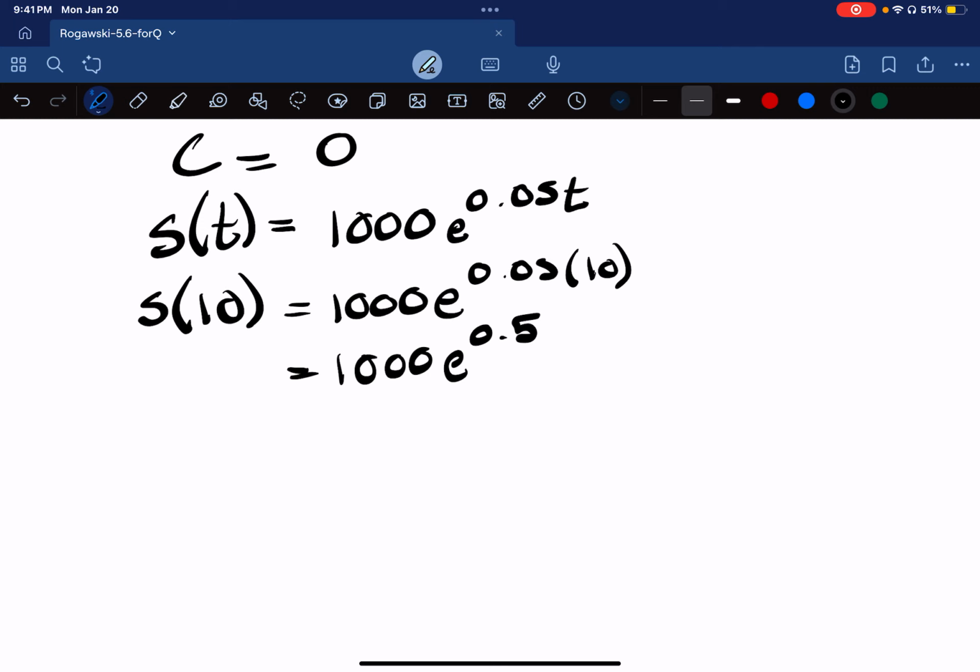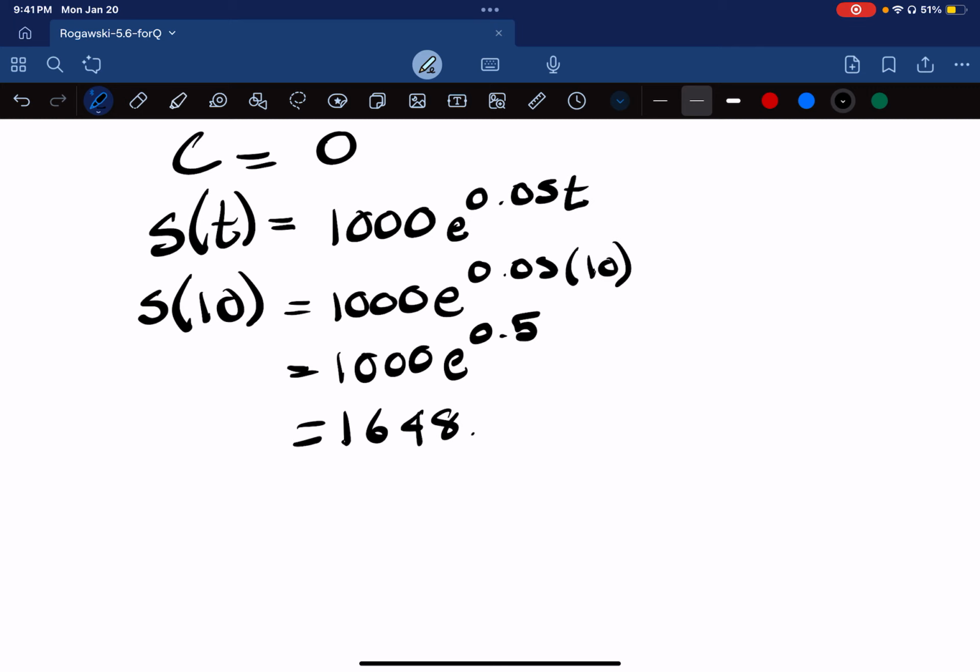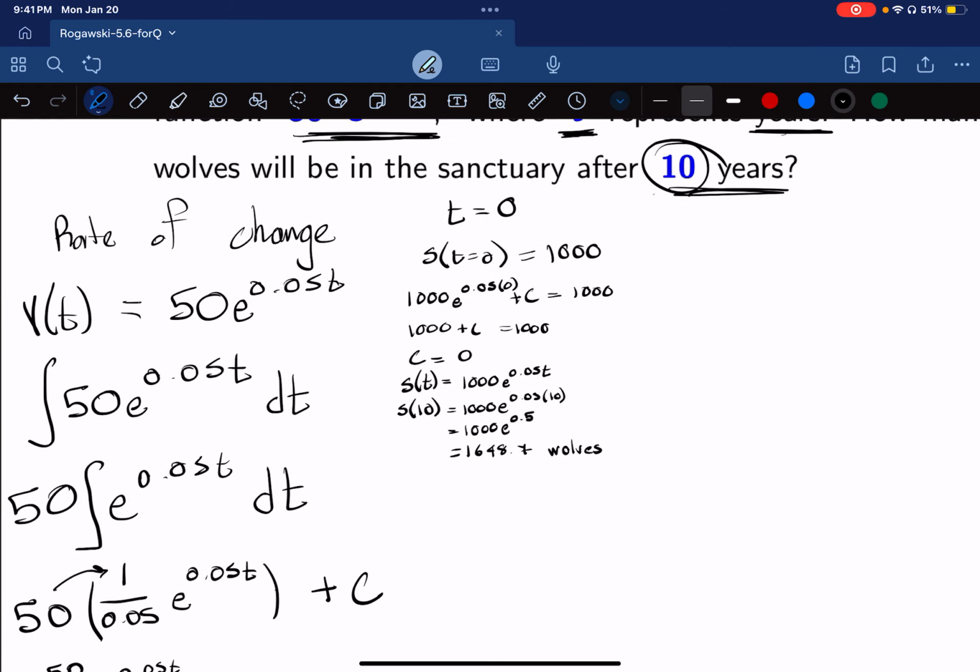And once we plug that into our calculator, allow me just 1 second to get a calculator really quickly, we shall end up with e to the 0.5 times 1000. We end up with that being 1648.7 wolves.